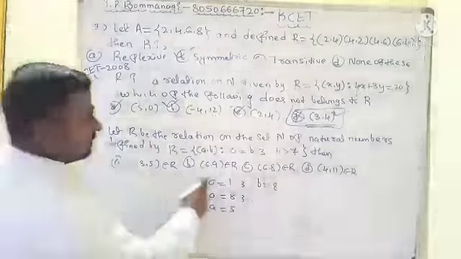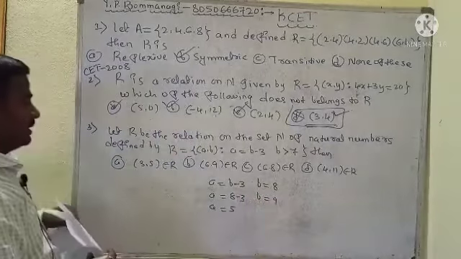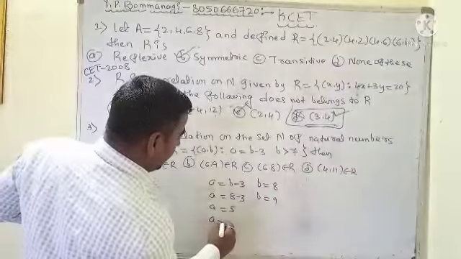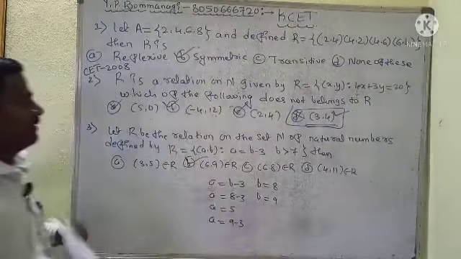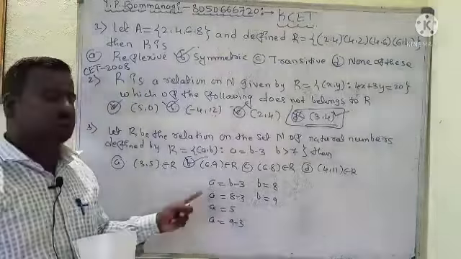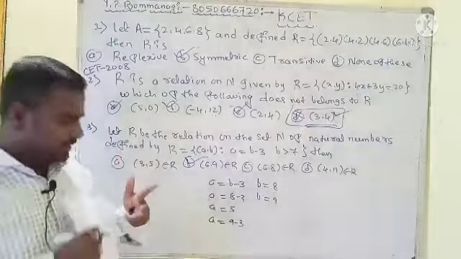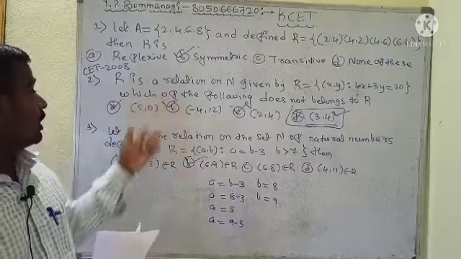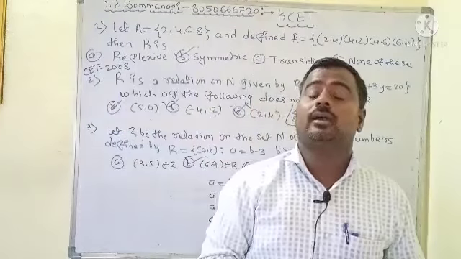Now b is 9, so a is 9 minus 3, which is 6. Got it. This type of simple question arises: just put in the values and find the equation. A lot of times they ask these equations; these are the CET questions. Please keep in mind, work hard and practice.